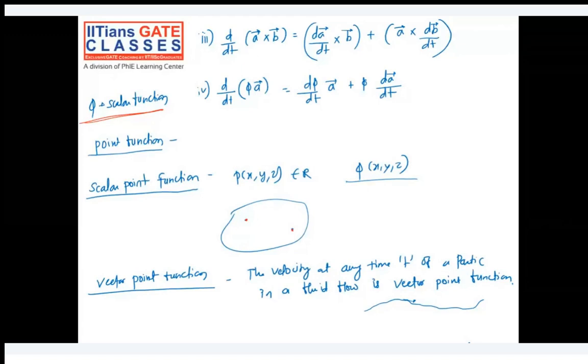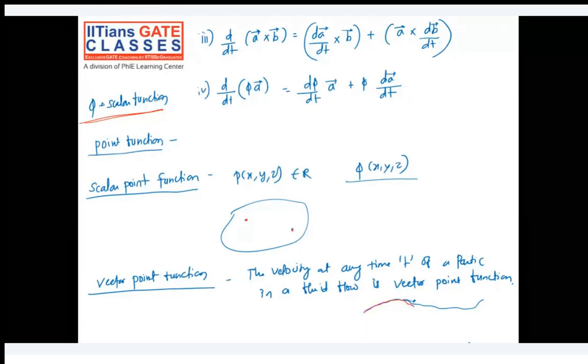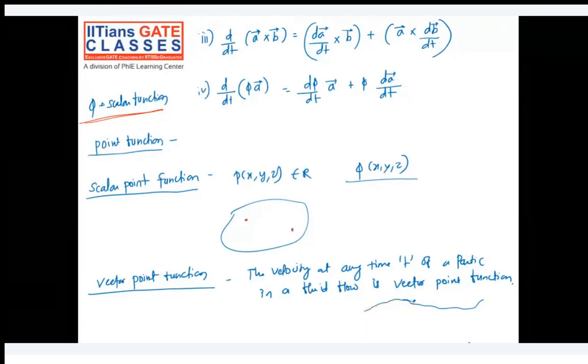But what is a vector point function? The velocity at any point t of a particle in a fluid flow is a vector point function. Let's say this is the fluid flow. We don't know how the fluid is flowing, let's say randomly as shown here, and you take any point and calculate the velocity.